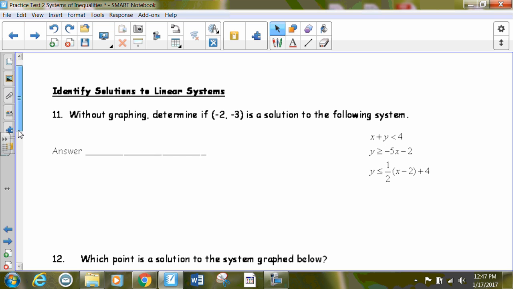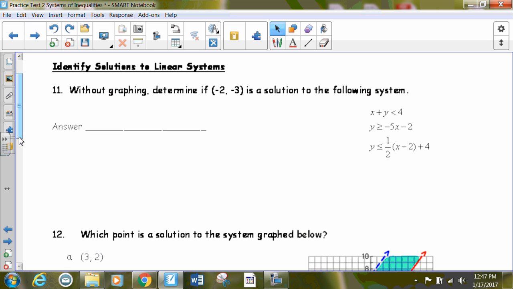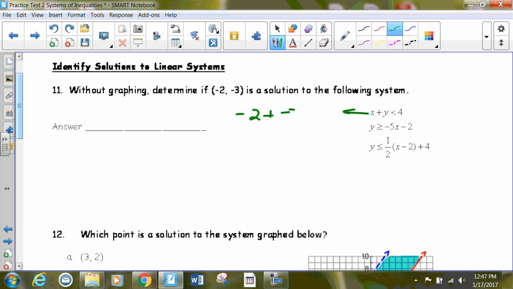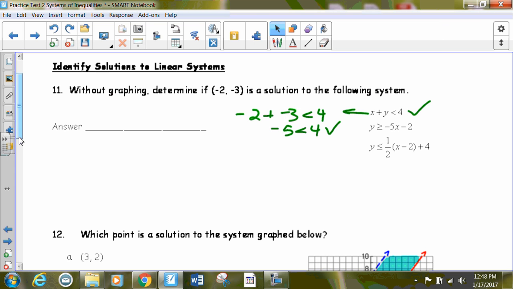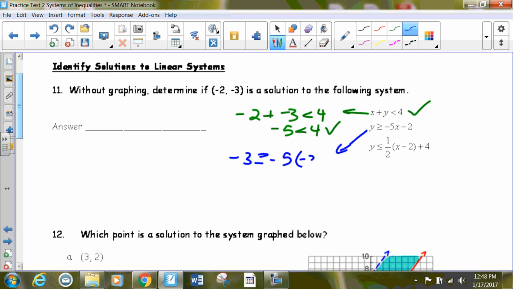Okay, with this, what they want us to do is plug in -2 when we see an x and -3 when we see a y. So when we do that, for this one, we'll have -2 plus -3 is less than 4. Is that true? Is -5 less than 4? That is true. So it works for this one. Then we want to plug it in for this. When we see a y, we want to plug in a -3. When we see an x, we're going to plug in a -2. And we're going to put this right here into our calculator.